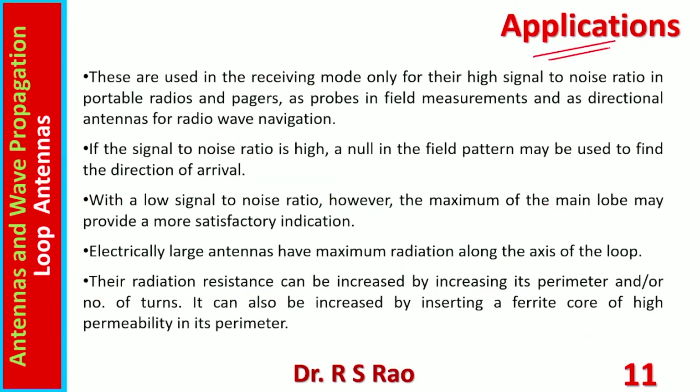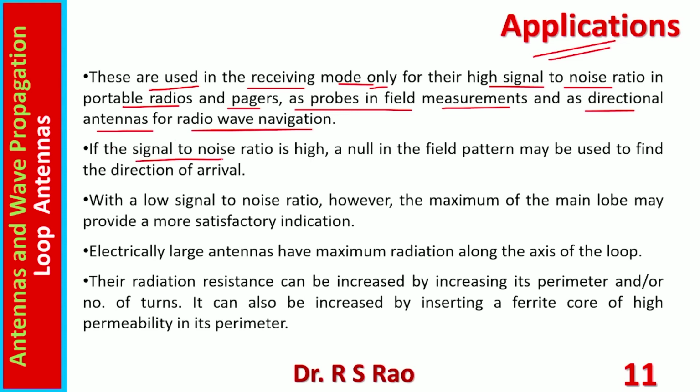Some points regarding applications. These are used in the receiving mode only for their high signal to noise ratio in portable radios and pagers, as probes in field measurements, and as directional antennas for radio wave navigation. So their main application is as receiving antennas.